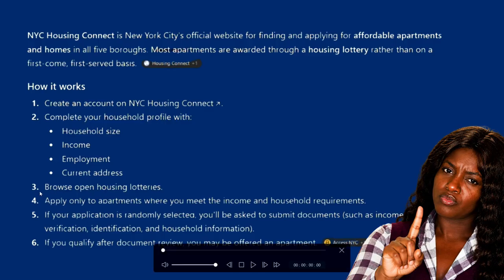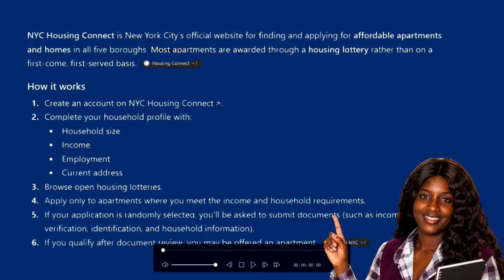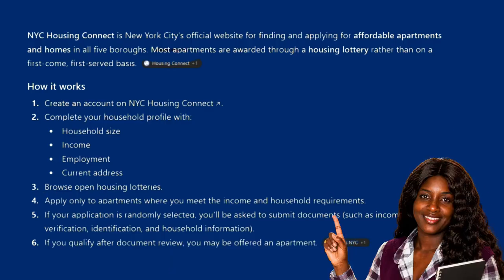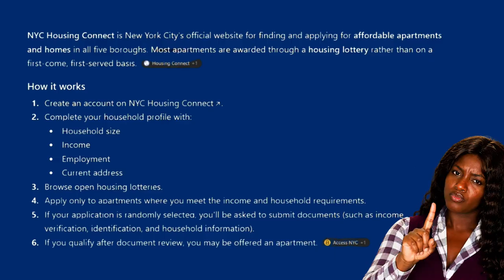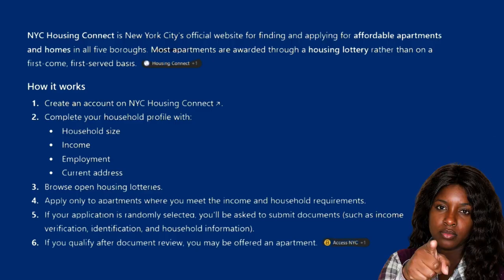Next here, number 3, it says browse open housing lotteries. So when you go onto the website, just make sure you browse it. Number 4 says apply only to apartments where you meet the income and household requirements. So if your household, let's just say it's 3 of you guys, and y'all all together make about $32,000 for the household, right? That's what the requirement is.